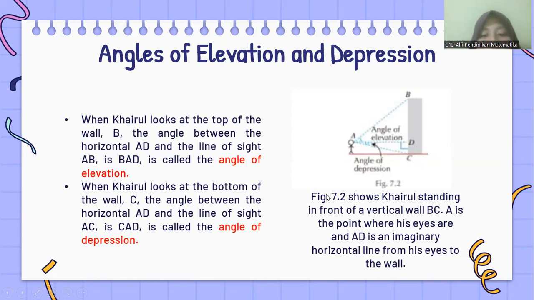Figure 7.2 shows Hyrule standing in front of a vertical wall BC. I is the point where his eye is. ID is an imaginary horizontal line from his eyes to the wall.